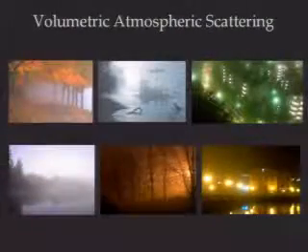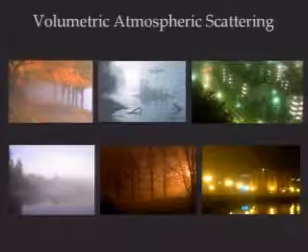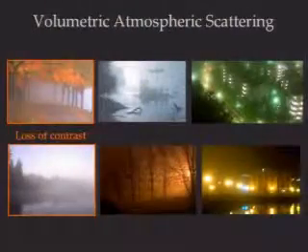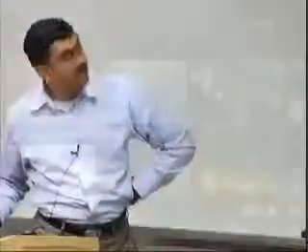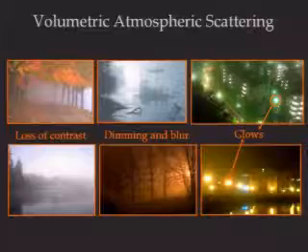Okay? So what I'm going to do in this talk is talk about a few different applications. I'll start by looking at how to simulate the effects of the atmosphere as light is propagating through the atmosphere on imagery, right? So for example, if you look at images such as these, you see visual manifestations of loss of contrast, dimming and blurring, and the glows around the light sources, right?